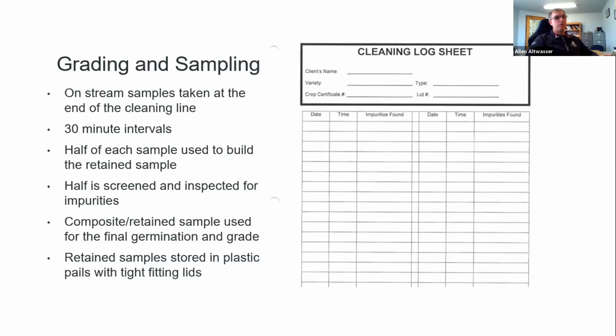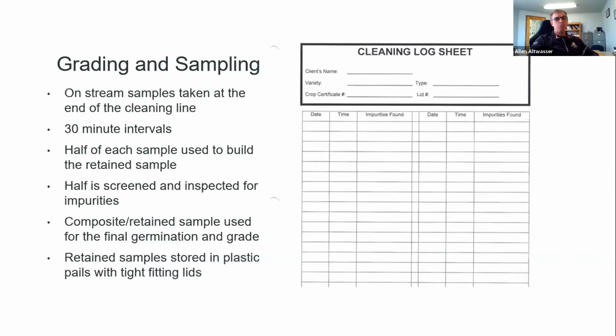With the composite sample that we keep, I'll do our own grading. I'm a licensed operator and grader, so I can do my own grading, but I feel it's important to have another set of eyes look at those samples. So I'll take a sample from the representative sample and send it to an accredited lab, and have them do a purity analysis at the same time they're doing our germination and any other tests that might be needed.